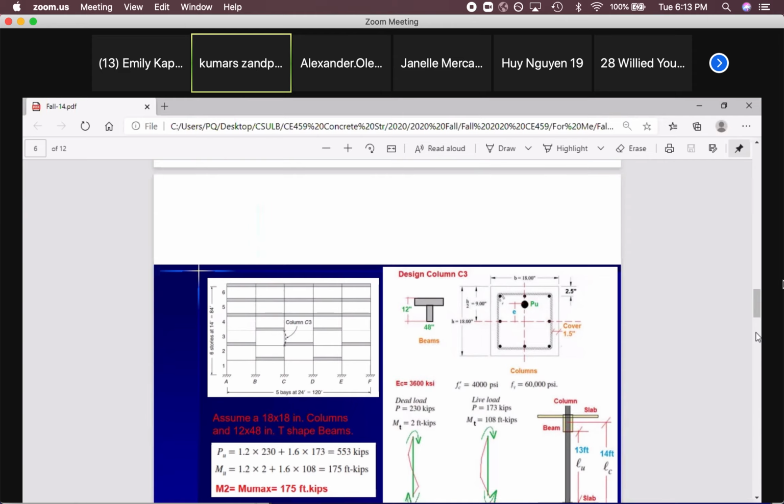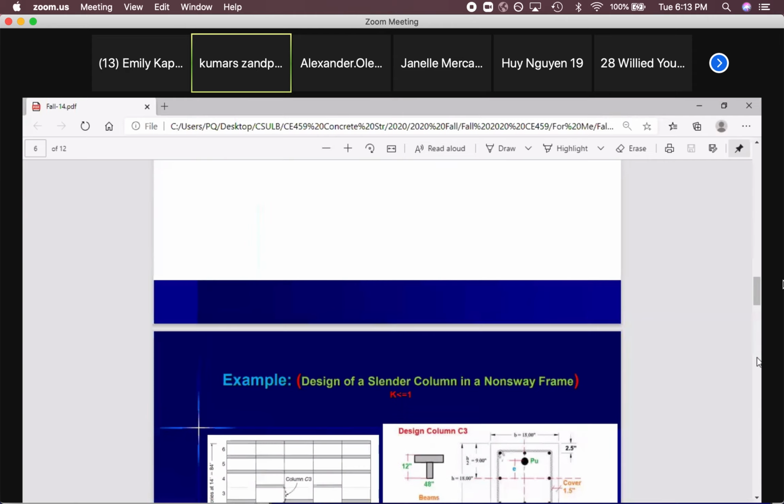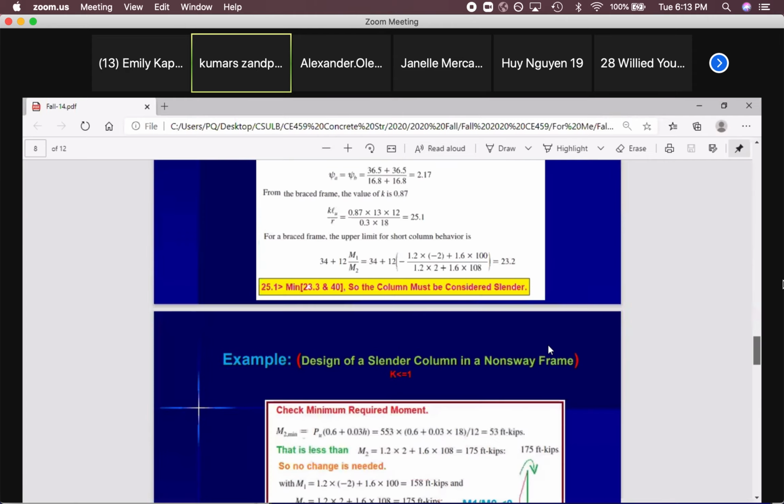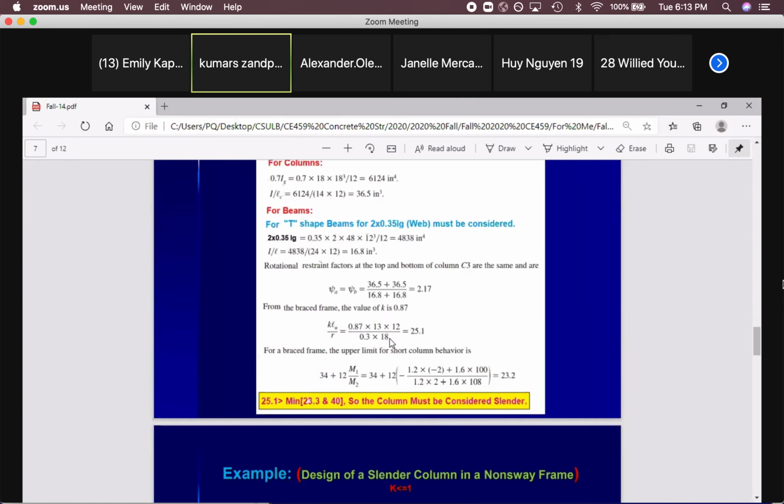Based on this, times 12 to convert to inches, or 0.3 times 18 inches, we will find 25.1. At first, we have to check if we should consider this as a slender column or not before we go and calculate delta and all those things. So we started with this.